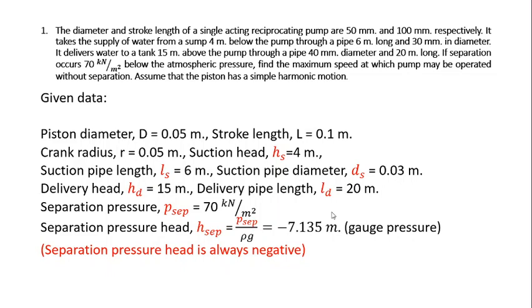So if you take atmospheric pressure as your 0, then from 0 it is negative 7.135 meters.